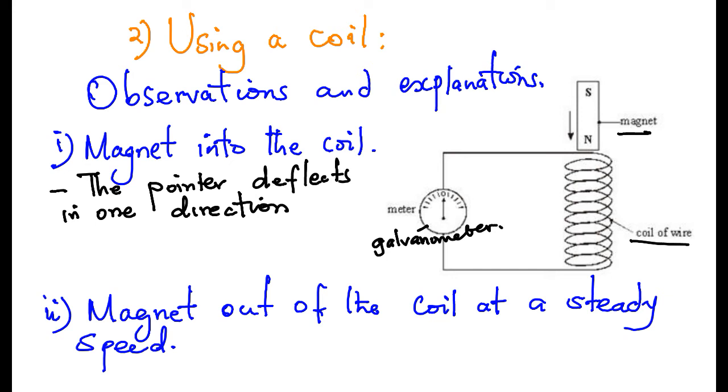At the same time, when the magnet is moved out of the coil at a steady speed, the pointer moves in an opposite direction to that when the magnet is moved into the coil.